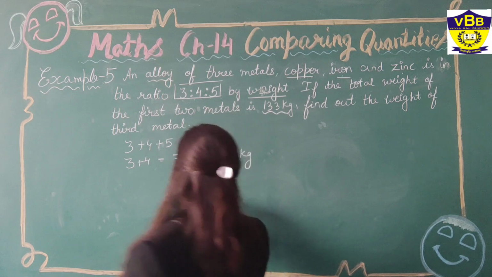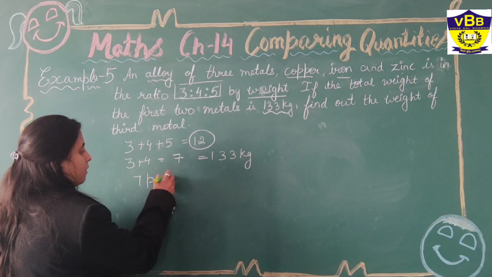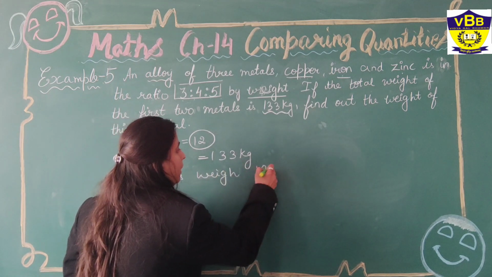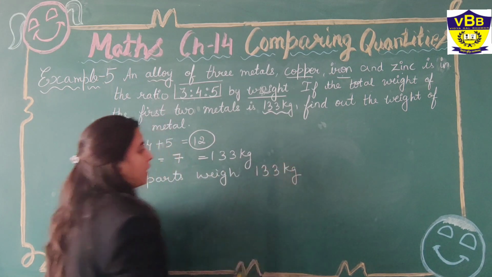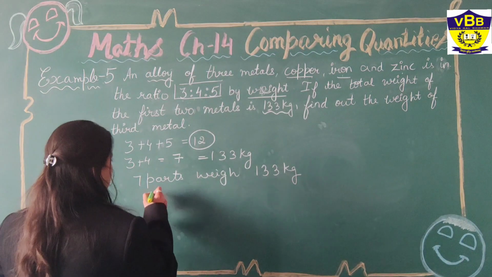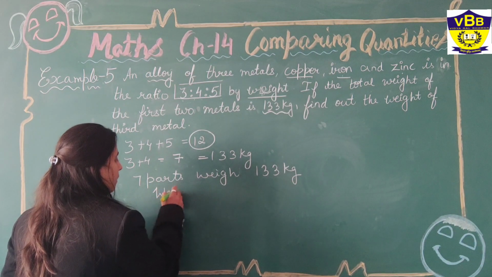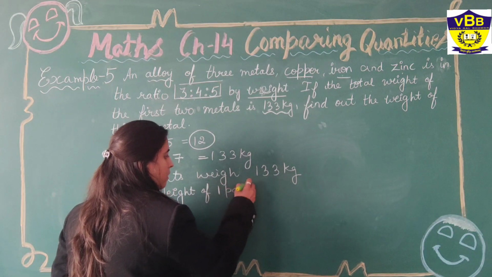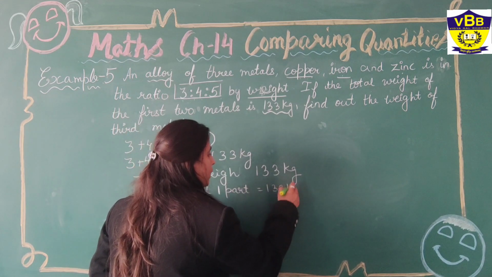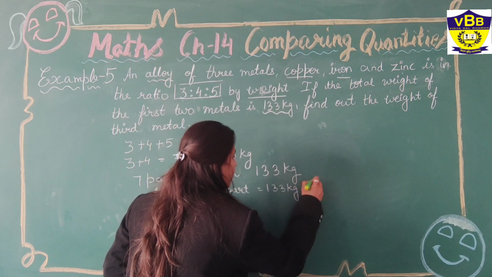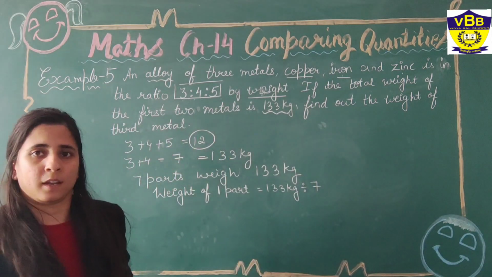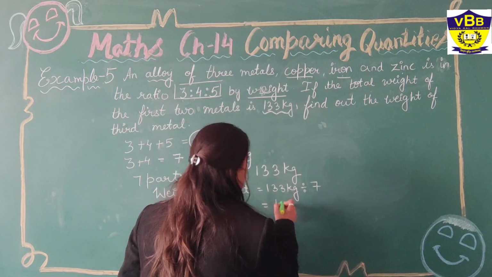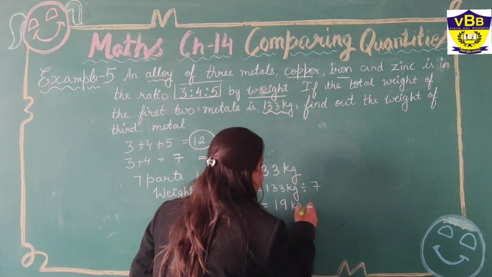That means 7 parts weigh 133 kg, which divided by 7 becomes 19 kg.